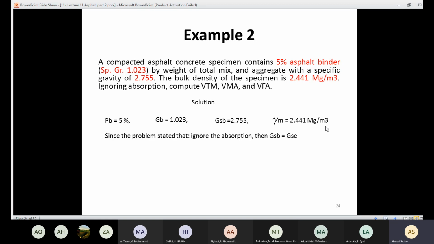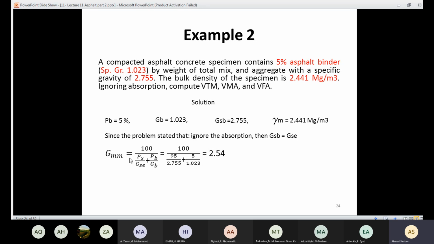Since the problem stated to ignore the absorption, then GSB is the same as GSE, like we just mentioned. So first we are going to determine GMM. We are going to take advantage of this: GSB is the same as GSE. We are going to determine G sub MM, the theoretical maximum specific gravity of the mixture. We are going to use this formula.